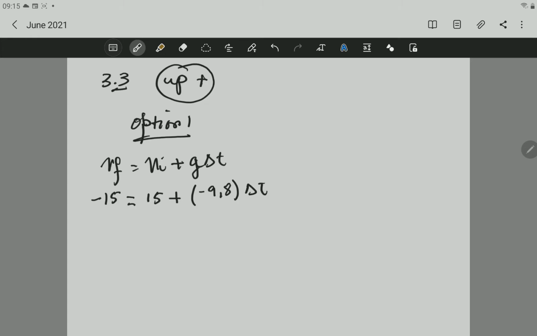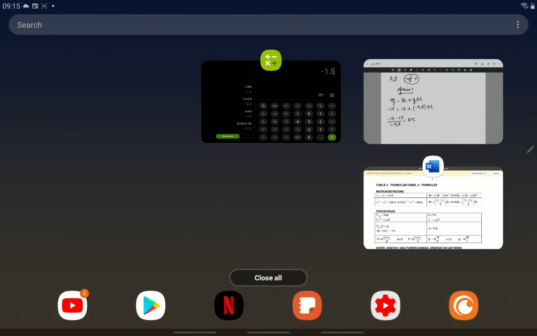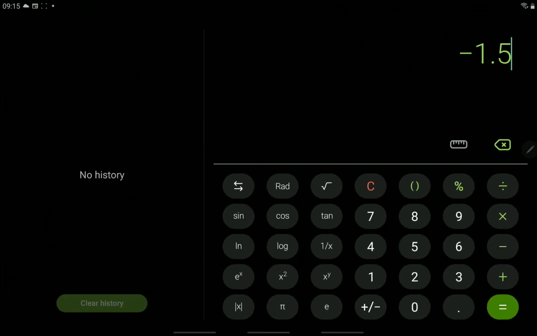Alright, so if you rearrange this, you have minus 15 divided by minus 9,8 is equal to the time. So we can do the calculation quickly. Let me just clear the history.